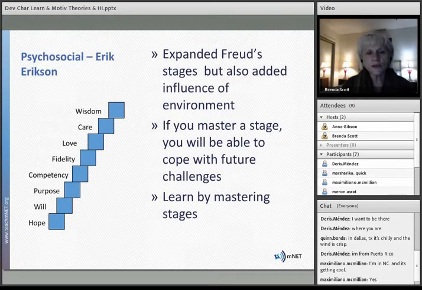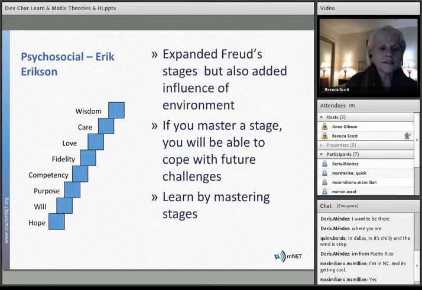So you learn by mastering stages. Over to the left on this slide, you'll see some of the stages and what's covered in those stages. Learning is a lifelong process from Erik Erikson's point of view, and stages play very much a process.